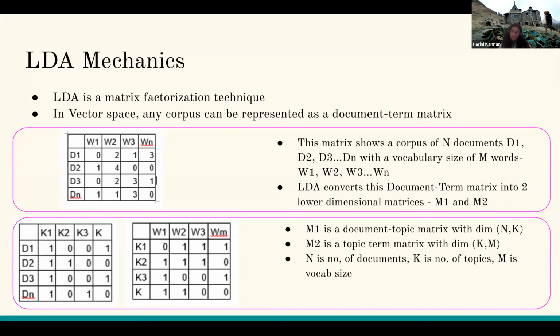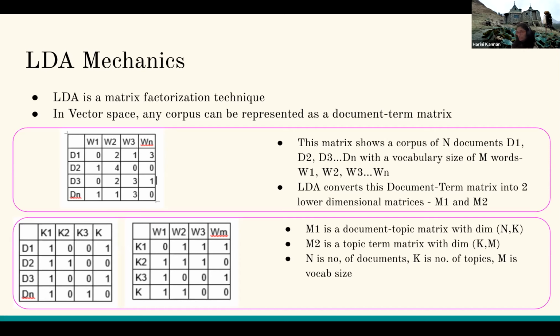So it's a matrix factorization technique. If you see in the visualization here, any corpus is represented as a document-term matrix. The first matrix shows a corpus of n documents, D1, D2, D3, with a vocabulary of m words.